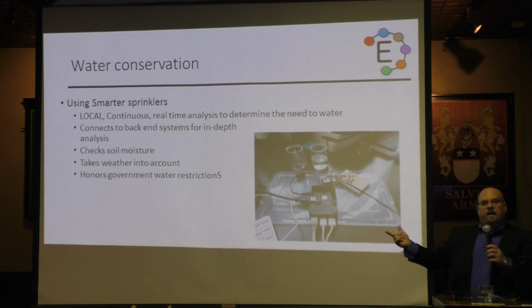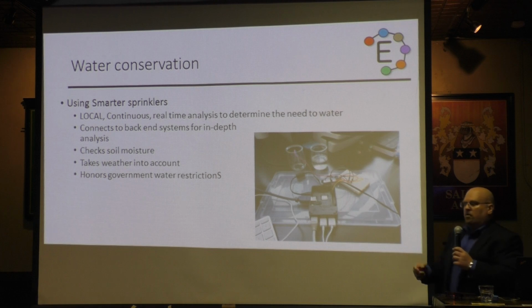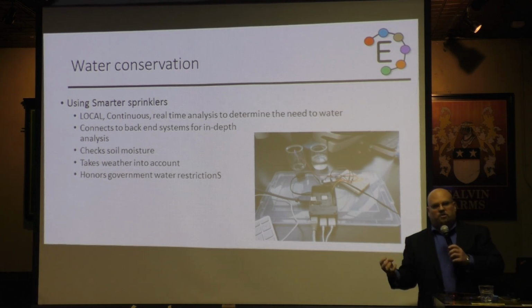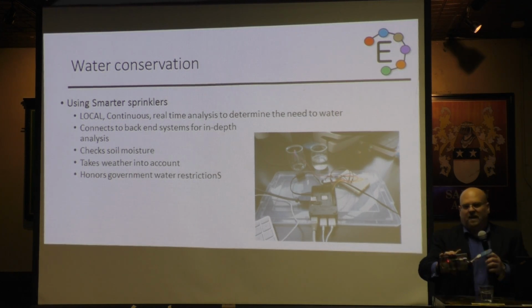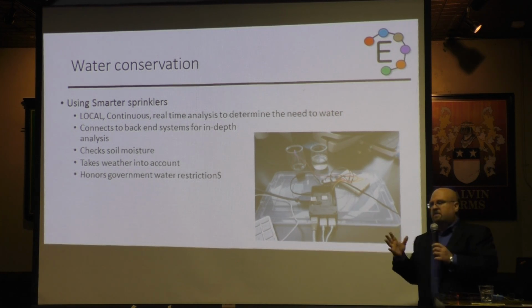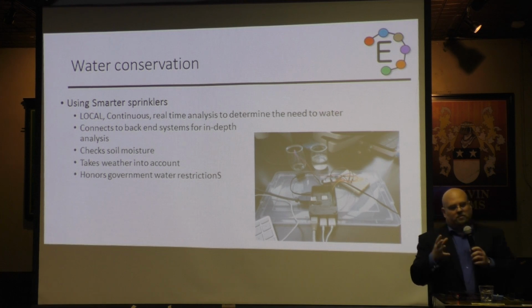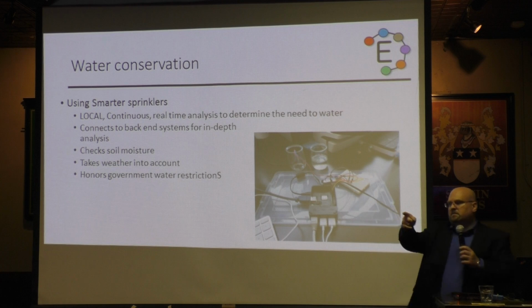What that streaming analytics application is doing is taking that input and saying, okay, what's your moisture sensor? What's the threshold there? What's the weather look like? Do we have a water ban in place? If this thing says, I want to turn the sprinklers on, the streaming analytics engine says, well, the rules say you can't, so you're not. Or the rules say you can, so let's go ahead and fire them up. So that's something that allows you to do edge analytics as well as integrate with cloud-based services.